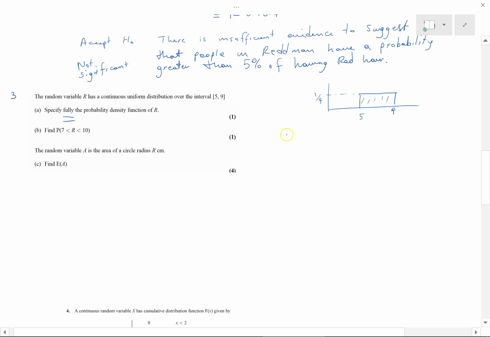So we need to write f(r) for the value r there, f(r) equals a quarter if our value of r is between 5 and 9, or 0 otherwise.